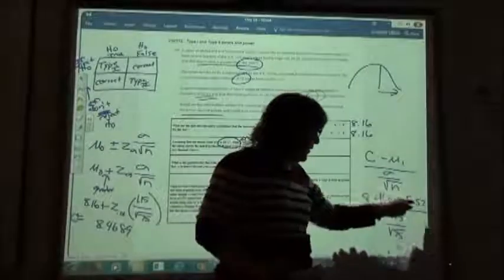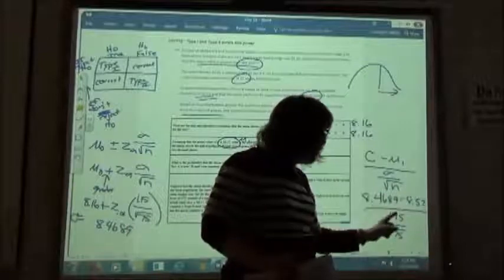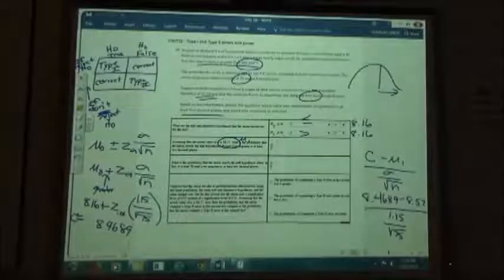So this number we take away 8.57. Okay. And then we hit equal, and then when we divided, we put that in parentheses. Oh, and Aleks Calculator, yeah, it'll go in there nicer than when we use the other calculator. Okay, so hit equals. And then we're going to divide that by 1.15 divided by square root of 75.